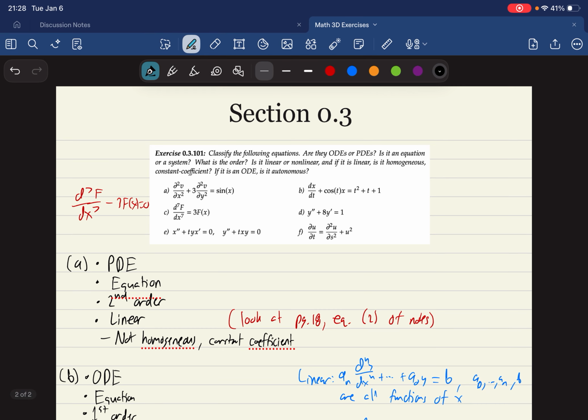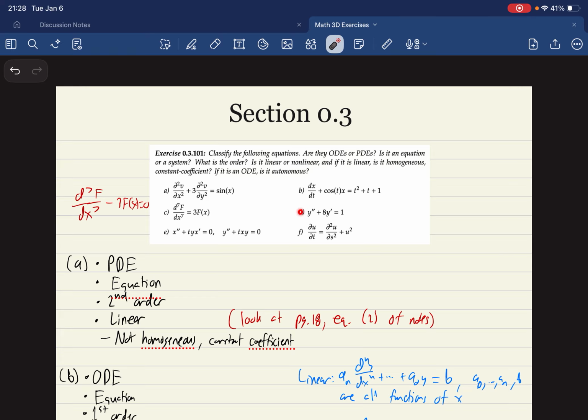And finally, is this autonomous? So it is. The reason why is because this equation, using that intuition I gave earlier, doesn't change over time. Notice how there are no terms here involving t, or if the independent variable was x, involving x.